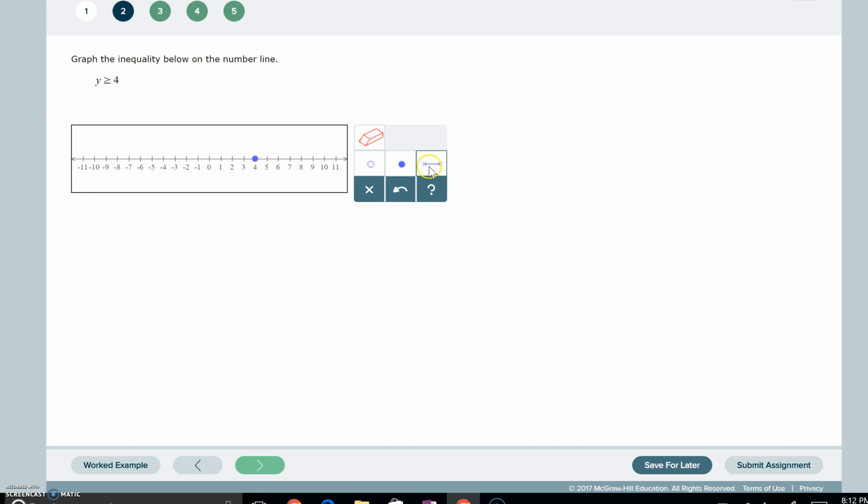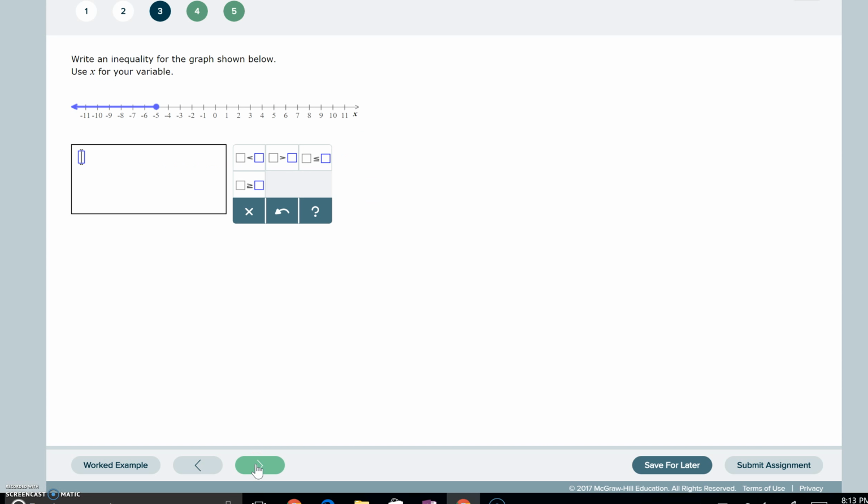Greater than really means that we're going to shade towards the right. Greater than always means that, and the arrow is pointing towards the right, and we go this way. Right here, all you gotta do is just click that bar to officially darken it in, and then you just hit the right arrow and keep going.